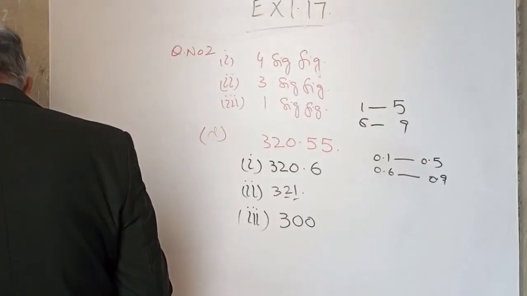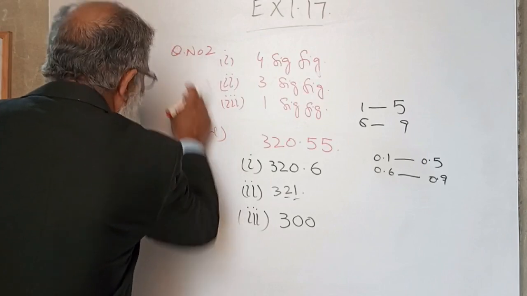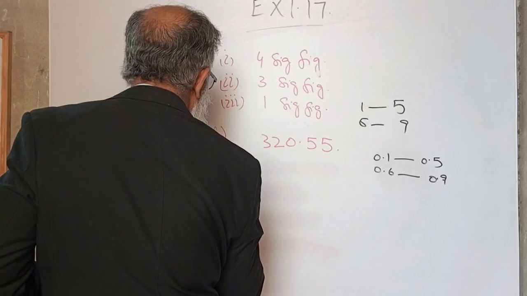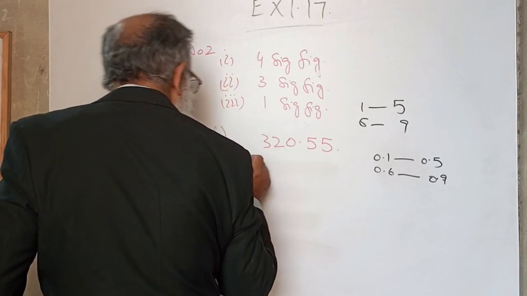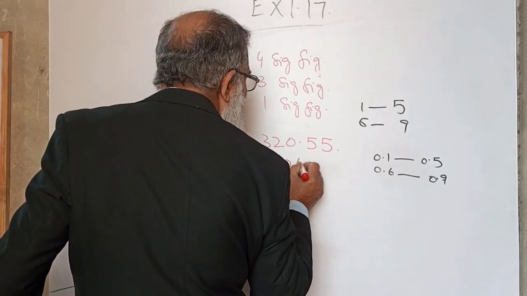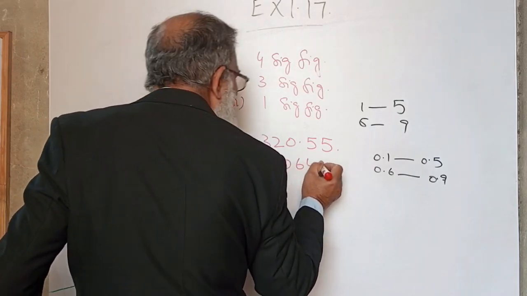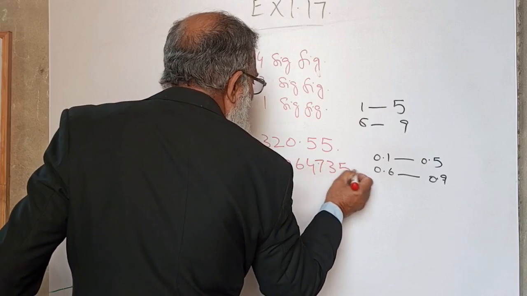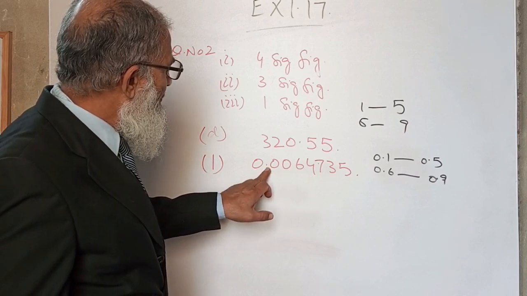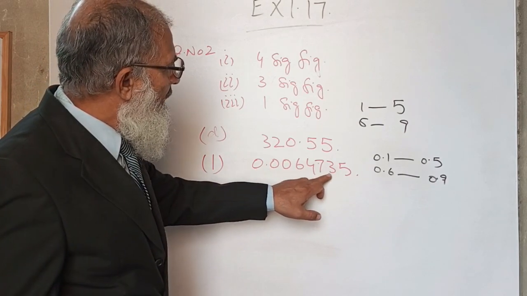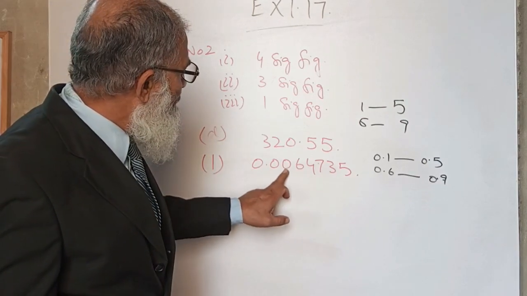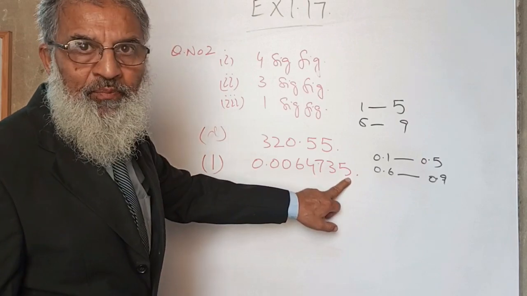One more question from part 2, and that is the last part, L. You see, students, that we are given this number 0.006475, and the last digit is at the seventh decimal place: 1, 2, 3, 4, 5, 6, 7.